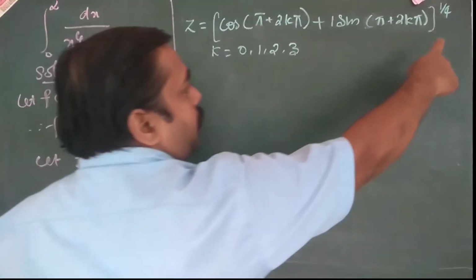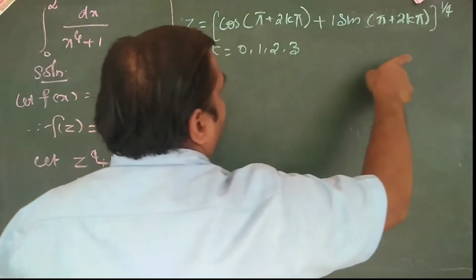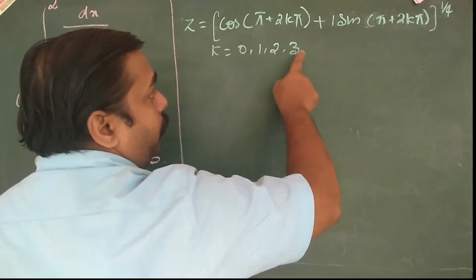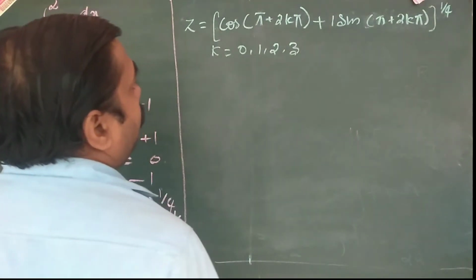So if the power is 1 by 4, we take 4 values starting from 0, 0 to 3. Now apply the values.